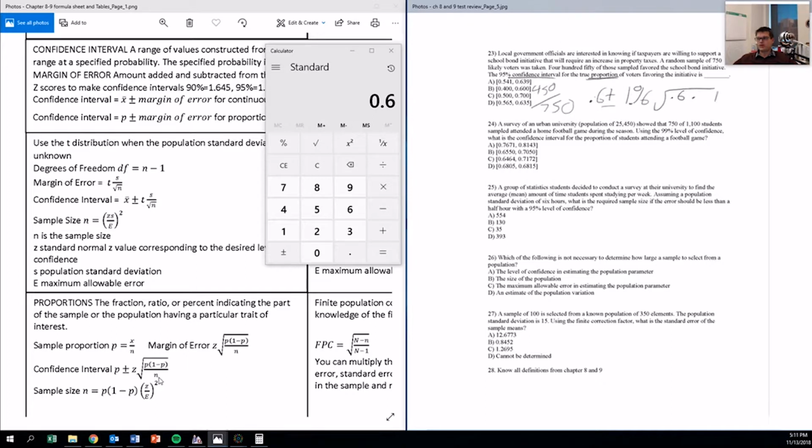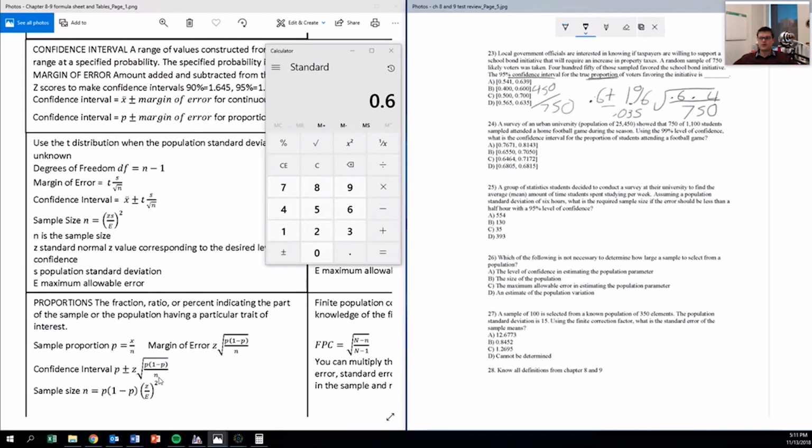If you work all of this out, it gives us 0.6 plus or minus the margin of error, and the margin of error is 0.035. So it's 0.6 plus or minus 0.035, which if you add 0.035 to 0.6, it gives you 0.635. Subtract it, gives you 0.565, which is D.